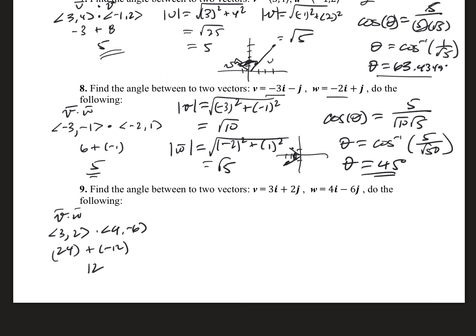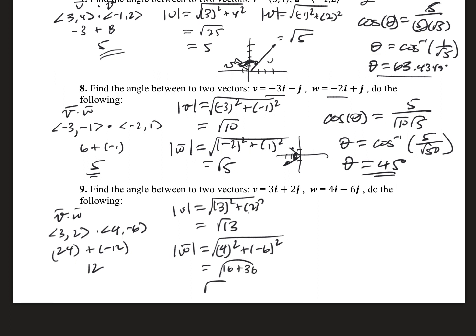Then if we find the magnitude of V, that's the square root of 3 squared plus 2 squared, 9 plus 4, the square root of 13. And the magnitude of W is the square root of 4 squared plus -6 squared, that's 16 plus 36, the square root of 52, which probably can be simplified, but I'm just going to leave it as is.